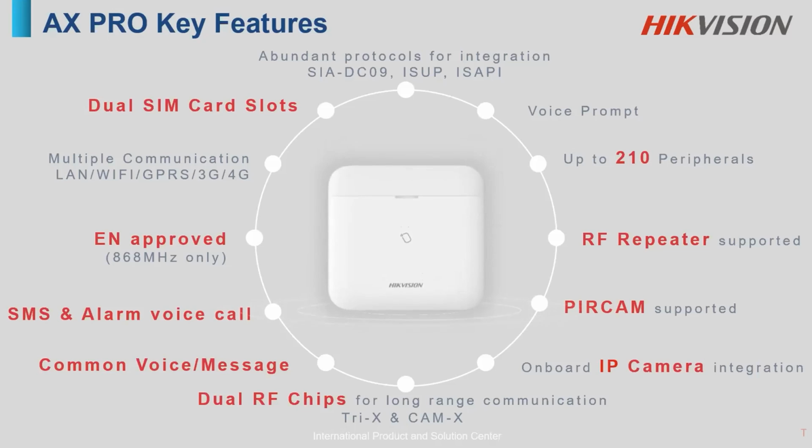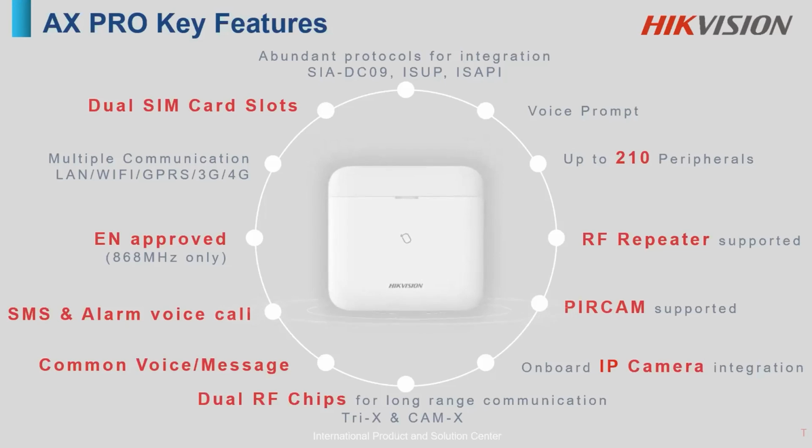For example, you might be getting a PIR alert, but you don't know for sure what is causing it. If you are using a PIR cam, you can then and there verify what's causing the PIR alarm.